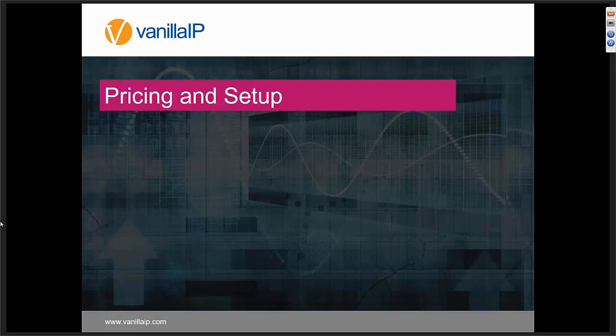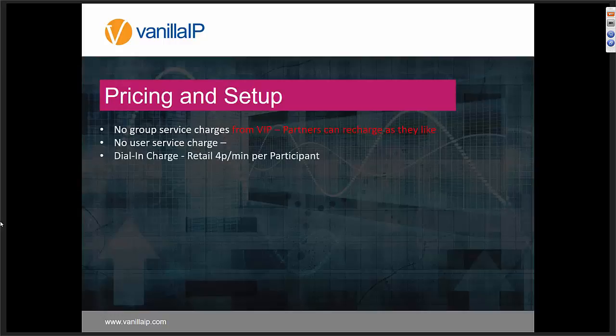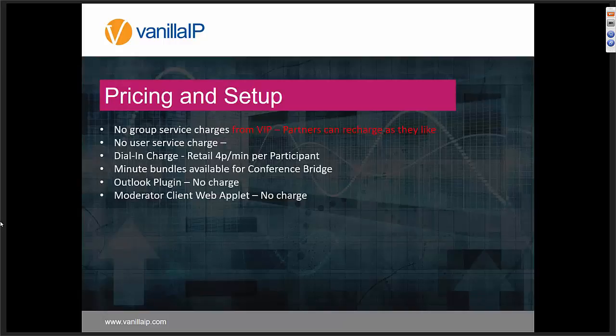Great. So in terms of how the product works from your point of view, where you earn your money, and how it's provisioned within the portal, first of all, there is no charge for the conference bridge from VanillaIP to resellers. Therefore, you can consume the service at business level free of charge. That gives you two options.